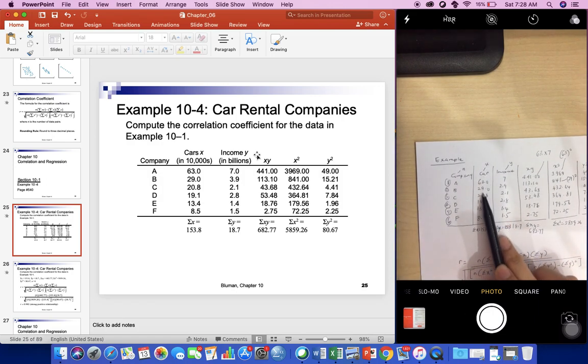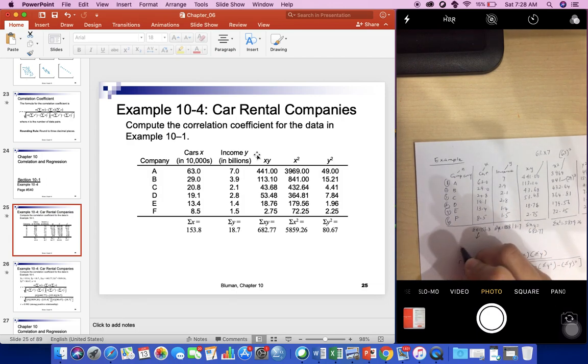Try to sum up the values of x. The value 153.8 comes from 63 plus 29 plus 20.8 plus 19.1 plus 13.4 plus 8.5.